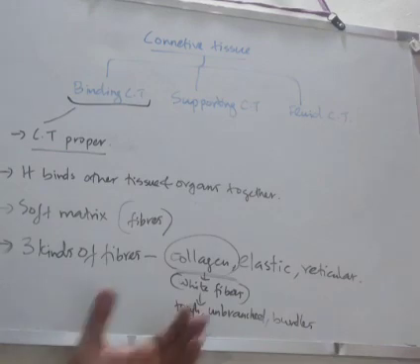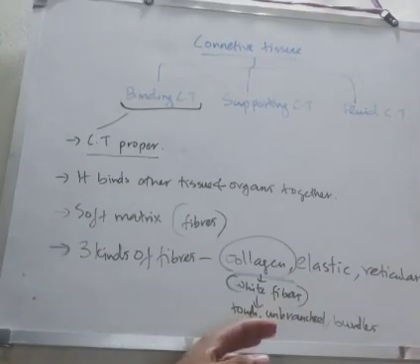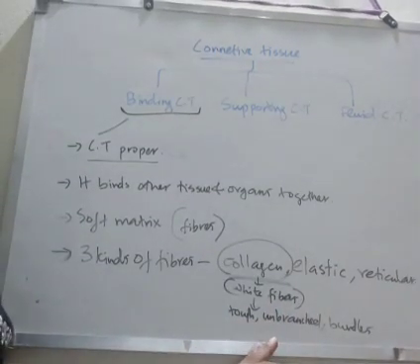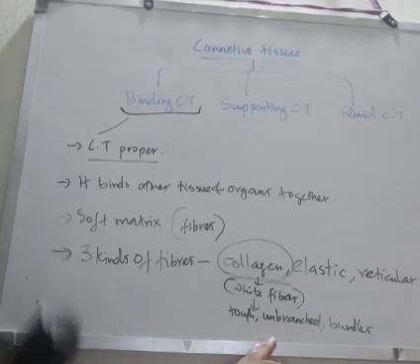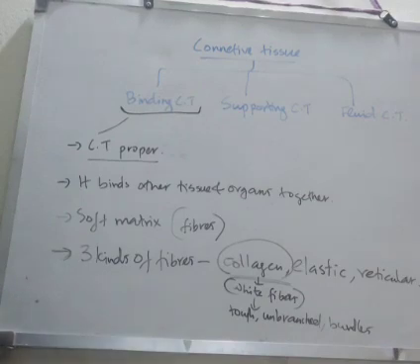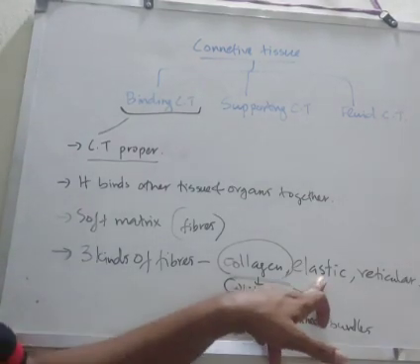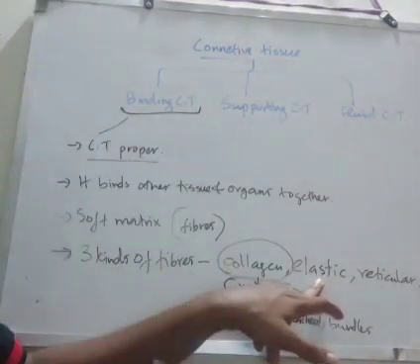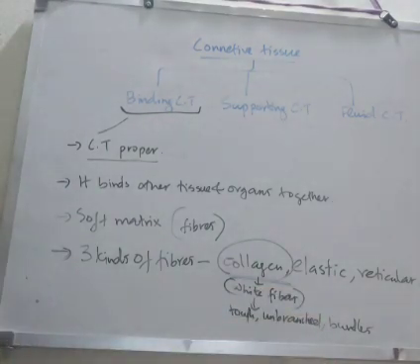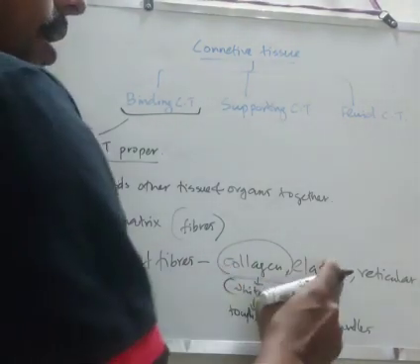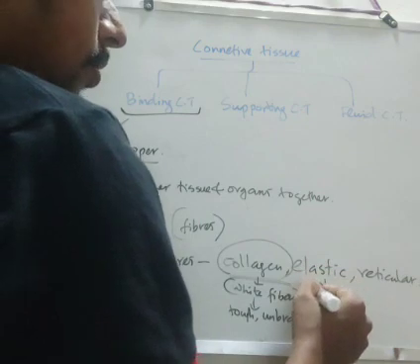And this collagen is formed of a protein called collagen. So the elastic or yellow fibers are flexible. While collagen fibers are white, elastic fibers are yellow fibers.